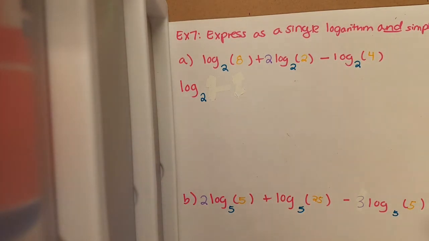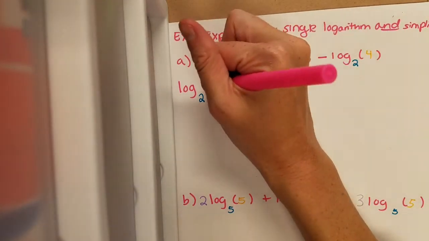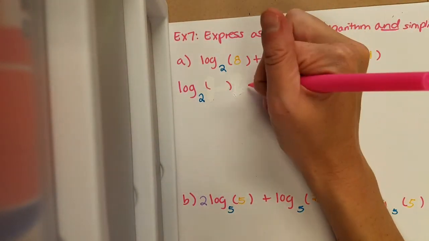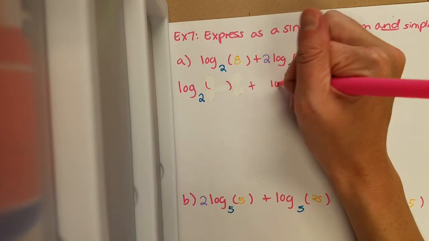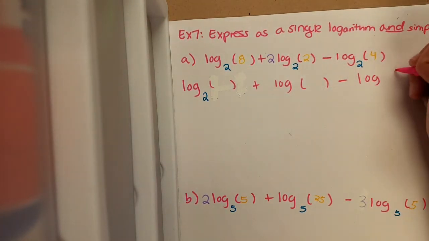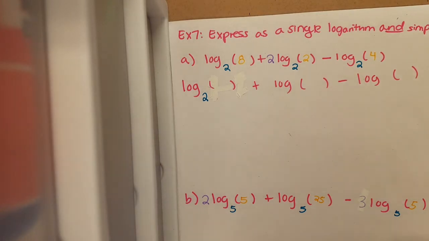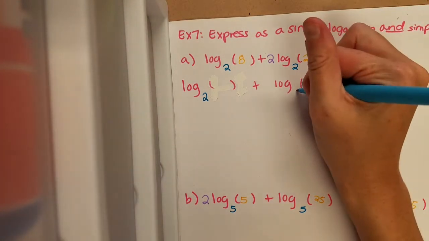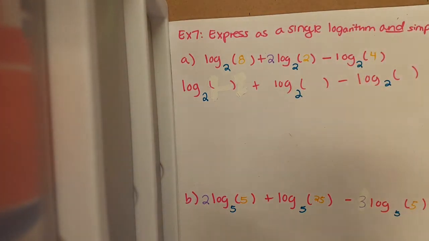Okay, so I'm going to set up my logs real quickly. So I have my parenthesis plus log parenthesis minus log parenthesis. Okay, and all these are logs with base 2, so I'm going to fill in my bases. Alright, and now we have to decide if we need to use the power rule or not.